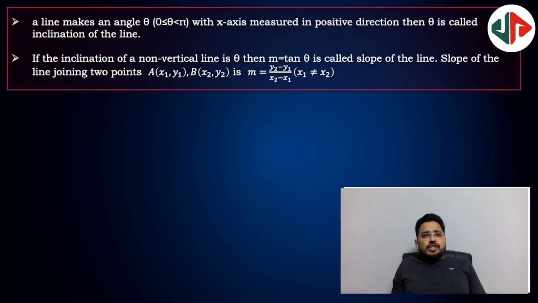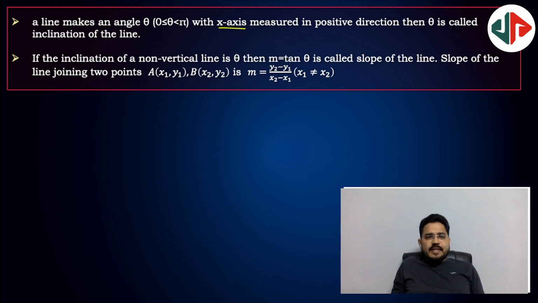First of all, to talk about the line, we need to know a few things: the inclination of the line and the slope of the line. If I want to talk about a straight line, I need to know the inclination and slope. A line makes an angle theta with the positive x-axis, measured in the positive direction.